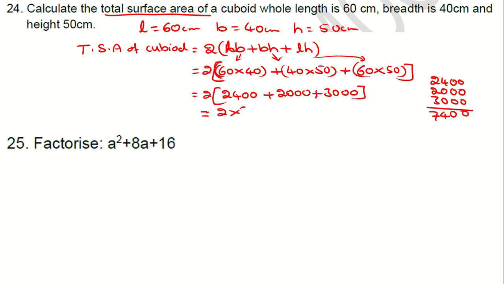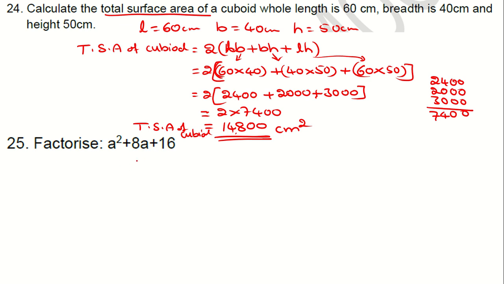This becomes 2 into 7400. You have to multiply this by 2: 2 zeros are 0, 2 zeros are 0, 2 fours are 8, 2 sevens are 14. So this is the total surface area of the cuboid. Total surface area of the cuboid is equal to 14,800 centimeter square.